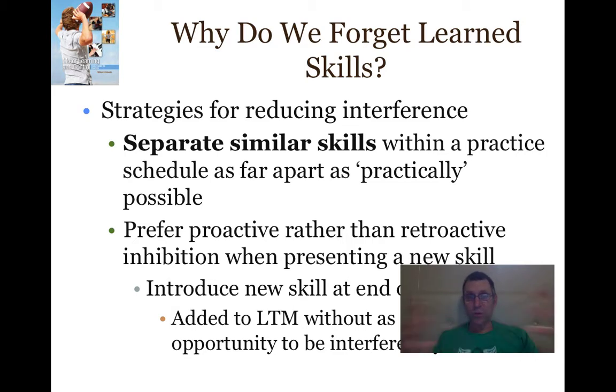So the idea is, with whatever sport you might have in mind or whatever set of skills, separate those similar skills as far apart as possible so you can learn one effectively without interference from the other in either the retro or proactive way. The best strategy, if you have to choose one or the other, is to prefer proactive rather than retroactive inhibition. So that old skill is that old skill, and now you're just practicing the new one, basically.